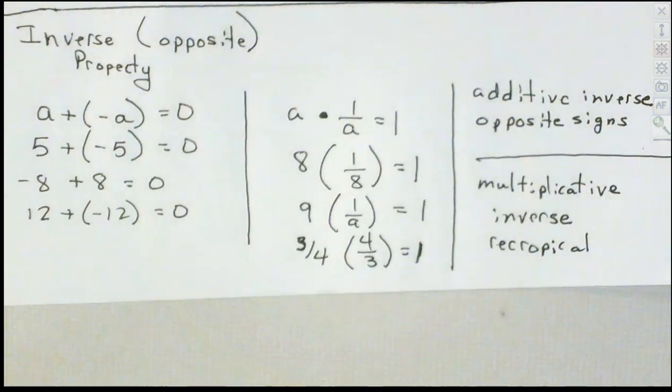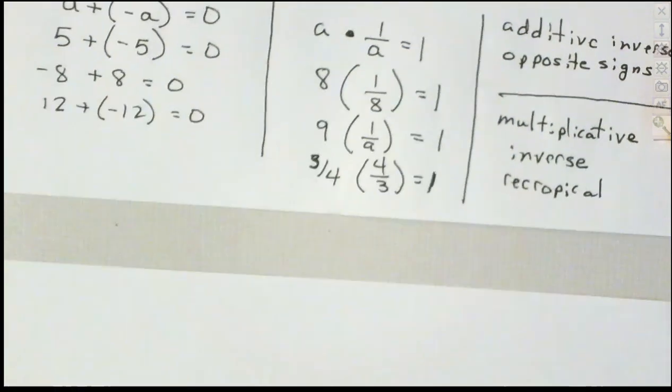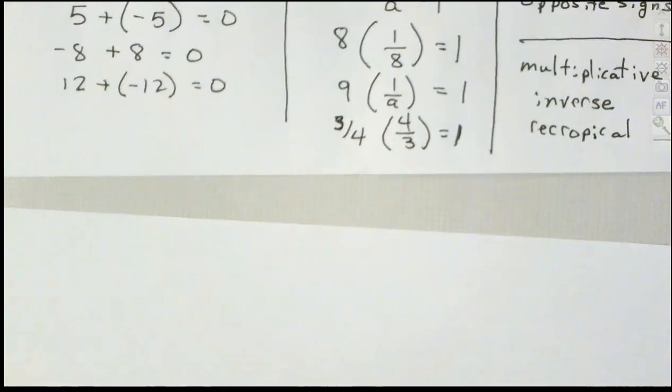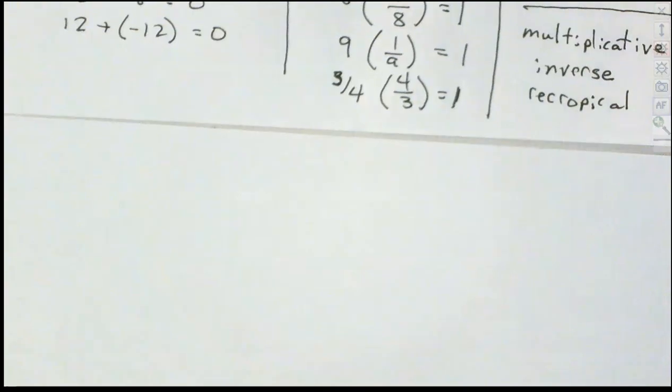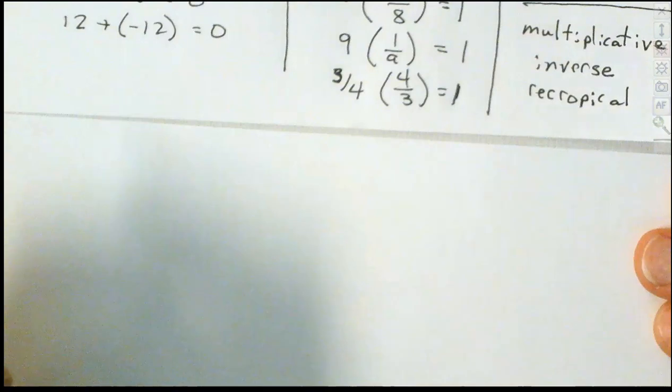One more property, and this is the one that we probably use more than any other, is the distributive property. You've probably heard of this one more than any of the others, because a lot of times we actually use the name when we use the property. So this is our last property here.